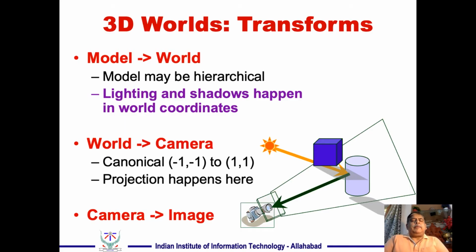The world to camera is a canonical transformation, an orthogonal transformation from the world axis to the camera axis. And that is where we have the projection, where we move from the camera to the image. A perspective projection is made so that it looks like a real scene where images are taken through a lens camera.